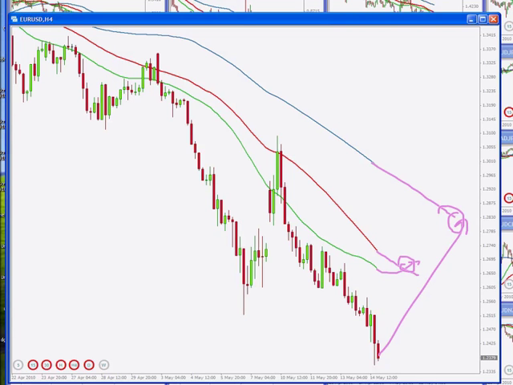Remember that the 3 SMAs are only there to pinpoint the trend, to mark the trending price action. And since we are to spot the trend on the setup chart, that means that the 3 SMAs are only significant on the setup chart. So no matter what the 3 SMAs look like on the trigger chart, that's totally irrelevant. You can even take them out of your trigger chart if you want.